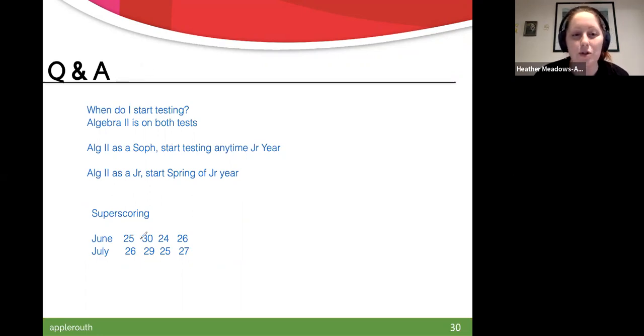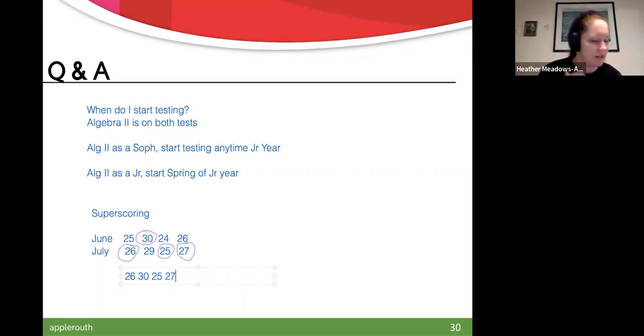What super scoring is going to do is pick your best score from each section and combine those. So when colleges see your score, they're going to see this score highlighted in purple right here. They're just going to see a 26, 30, 25, 27. And then your composite is an average of those numbers.